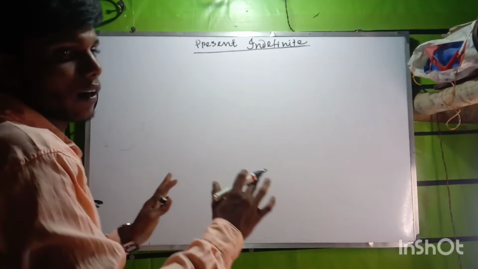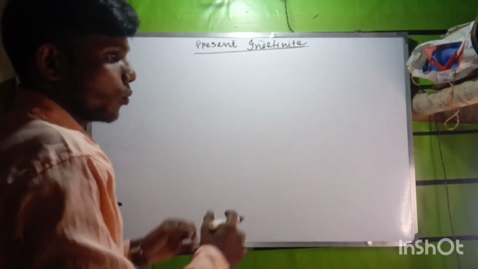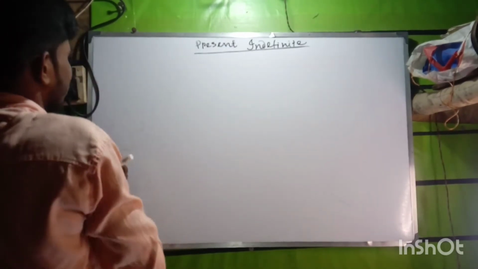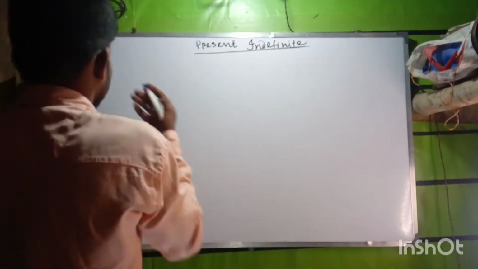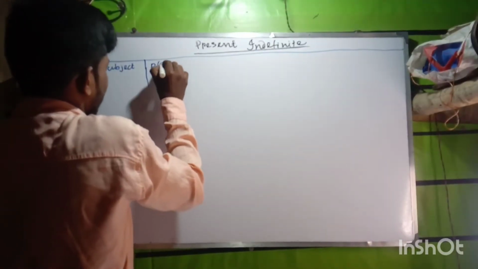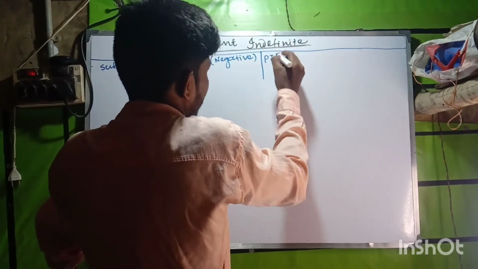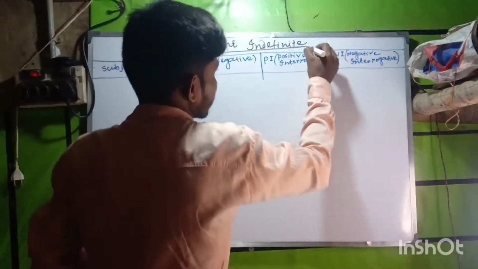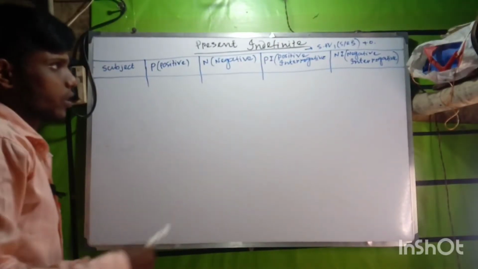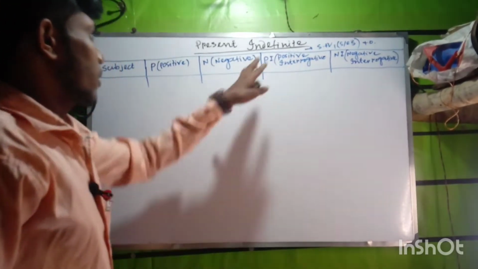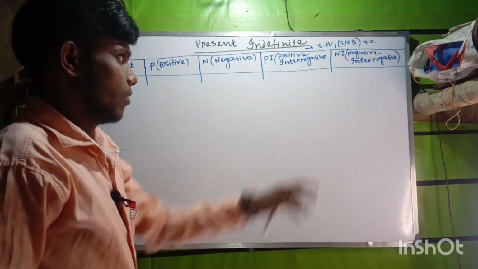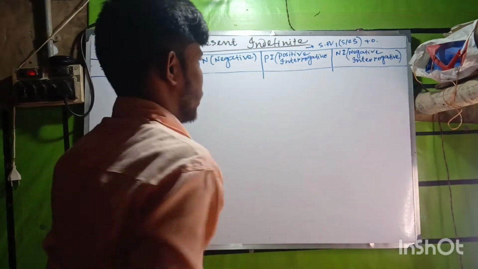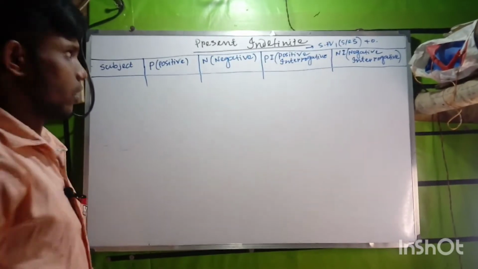At first, we make a box or a table. The structure of present indefinite tense is subject plus verb s or es plus object.